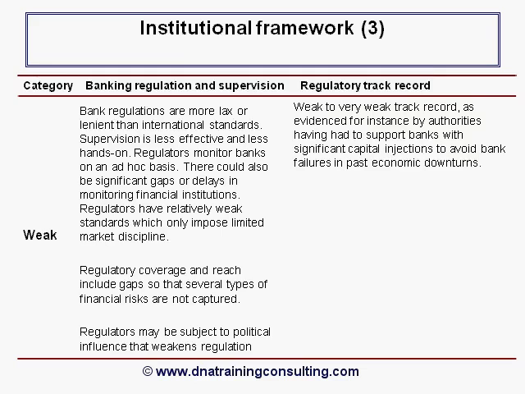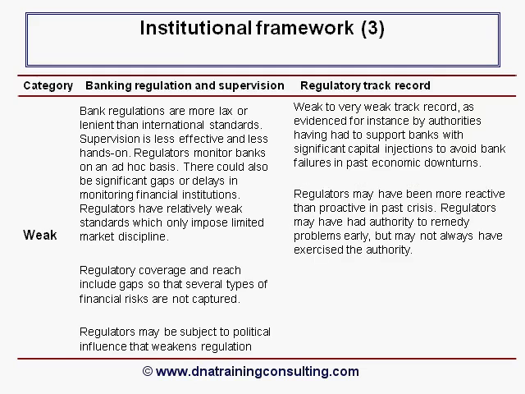Similarly, the regulatory track record is weak if the authorities have had to support banks with significant capital injections to avoid bank failures in past economic downturns, if regulators have been more reactive than proactive in past crises, and may have had authority to remedy problems early, but may not always have exercised the authority.